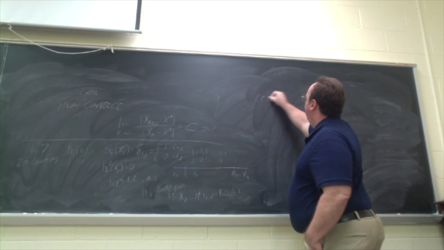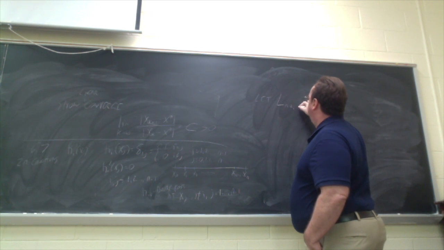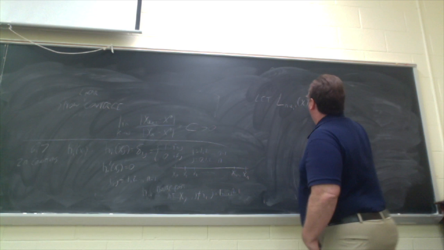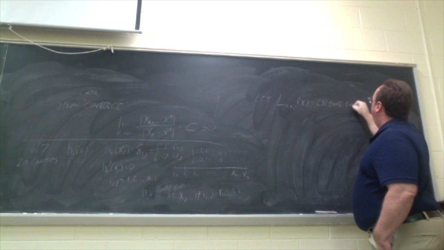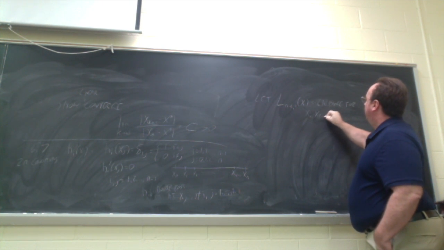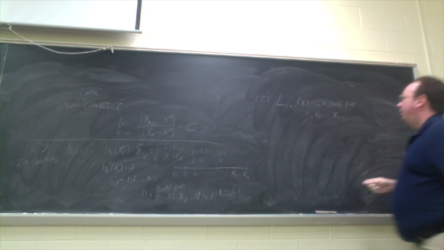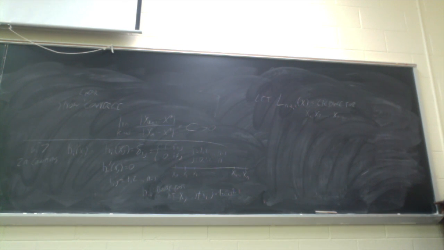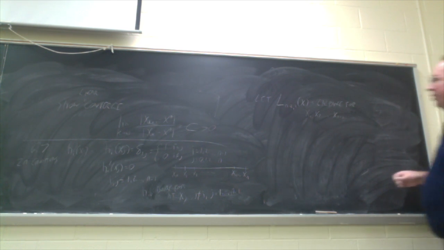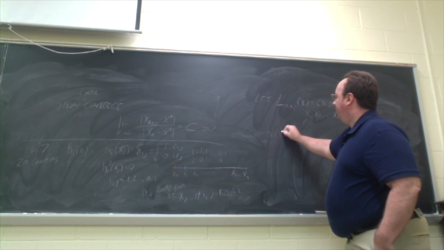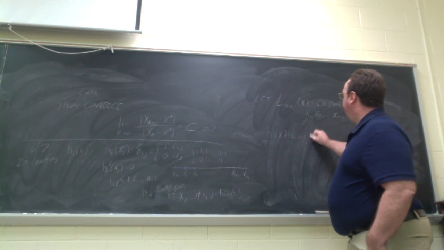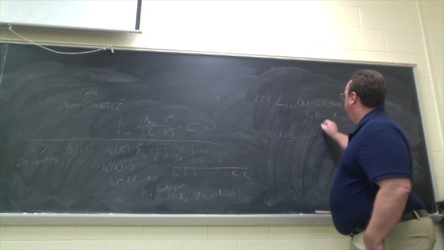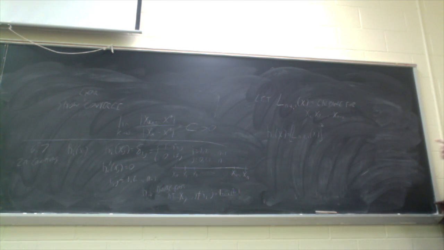If I let L_{n-2}(x) be the Lagrange polynomial only for the interior points, then because there are n minus 1 interior points, it has degree n minus 2. So what I could do is start this off with this Lagrange polynomial squared, and that's going to cover a lot of my conditions.